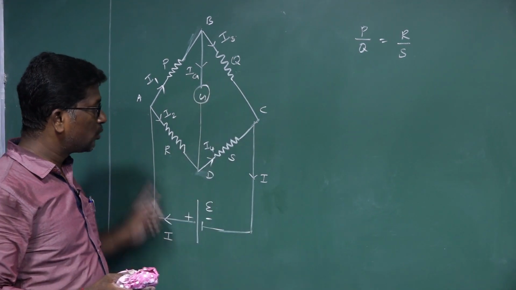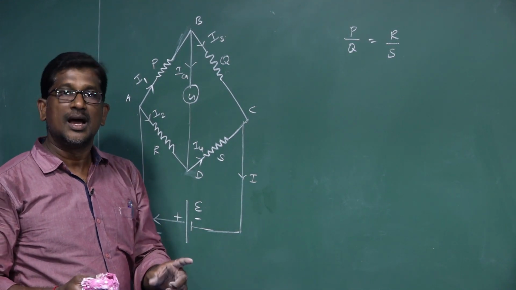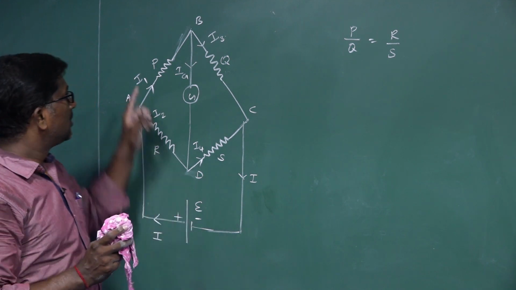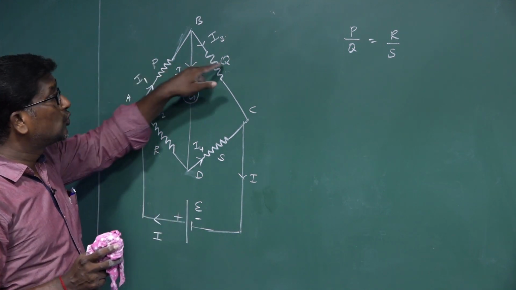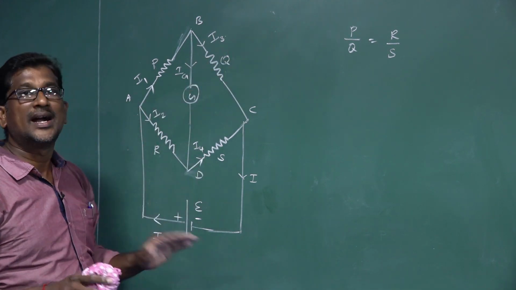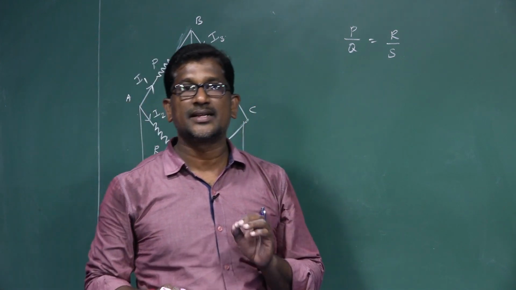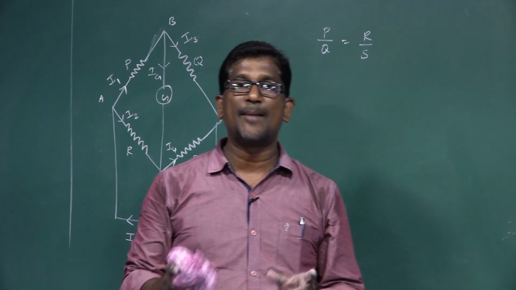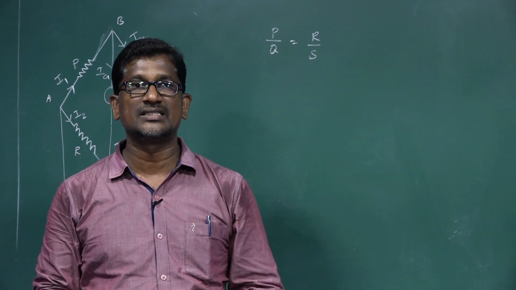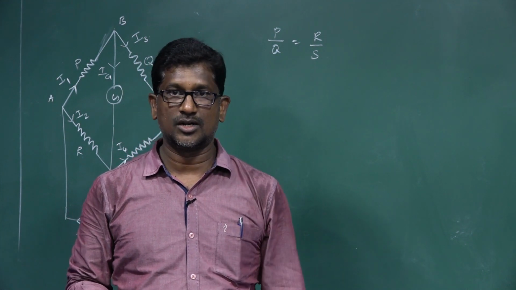So the Wheatstone network is used to determine the unknown resistance, and also it is used to compare the resistances. If we know the values of two adjacent resistances, we can compare the ratio of another two resistances. So the Wheatstone bridge is one of the electrical networks used to compare the ratio of two resistances, and also to find the unknown resistance.